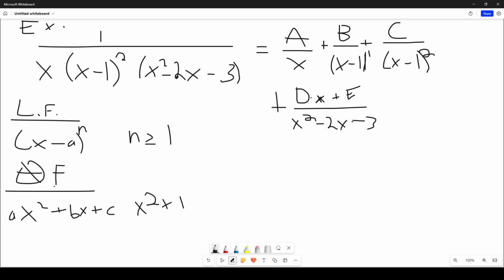This comes from the idea of polynomial long division, where if we had something like x cubed, we could do polynomial long division. The smallest possible remainder would be something with an x. Sometimes when we solve it, D ends up being 0 and x is not involved, maybe you just have an E term. But we have to have it there just in case it is involved. And we'll see that it gets involved in the practice problem that we try out.